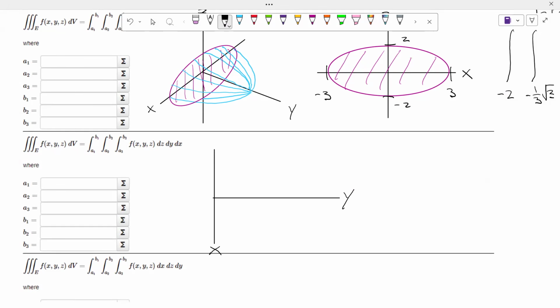I think there's a clear connection between these two, because now I'm looking from top down at this parabolic shape with that elliptical edge right there.